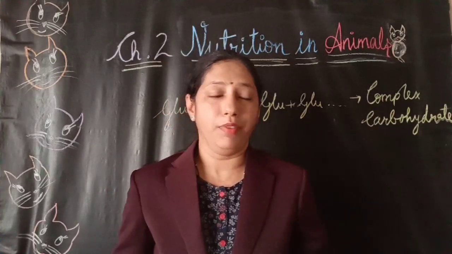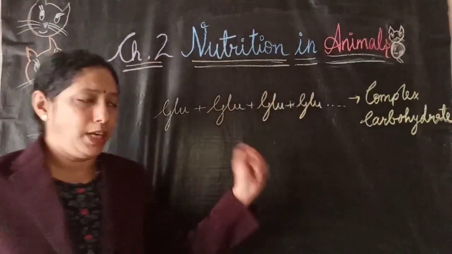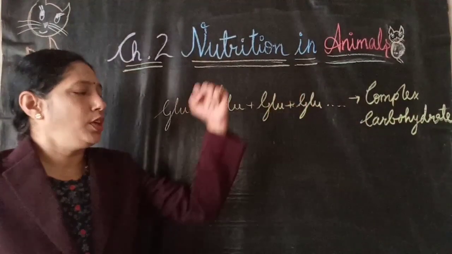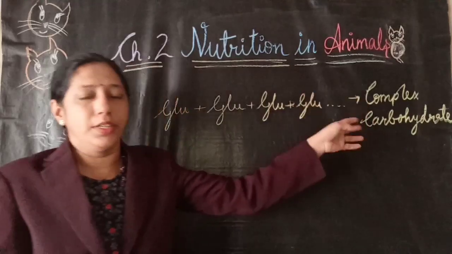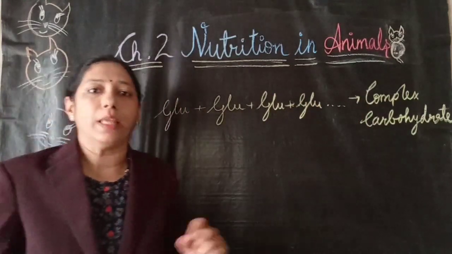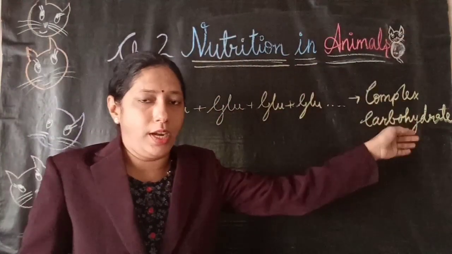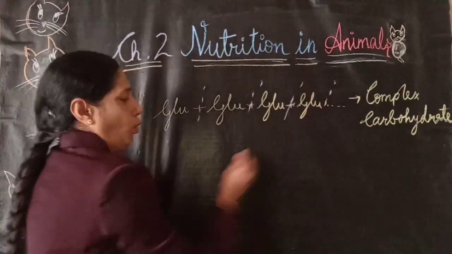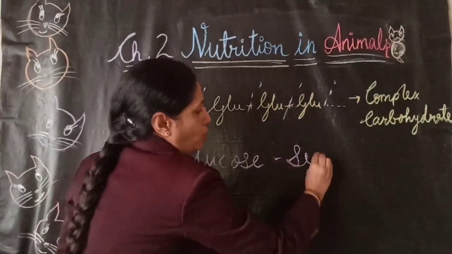For example, when we talk about carbohydrate, it's a complex substance. It is made up of many glucose molecules. If we want to take this carbohydrate from the diet, we have to first break it down to simpler substances. When the carbohydrate is broken down, it is broken down into glucose molecules, which is a simple sugar.